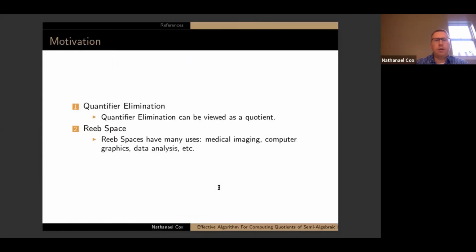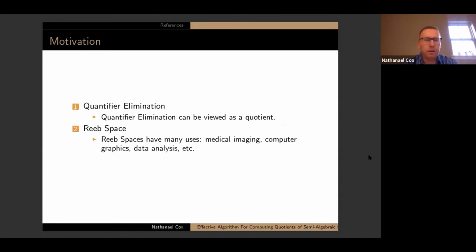Right. And so some motivation or maybe applications: quantifier elimination you can view as a quotient. So while there are more efficient ways to do quantifier elimination, this algorithm could do it. And currently, there's not a better way to calculate the Reeb space of a semi-algebraic set.